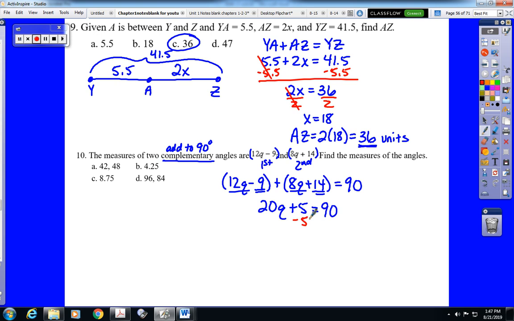Subtract 5 from each side. That gives us 20q equals 85. And then divide by 20, which gives us q is 4.25.